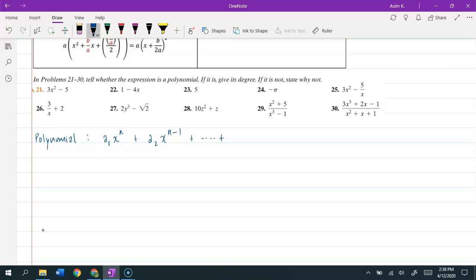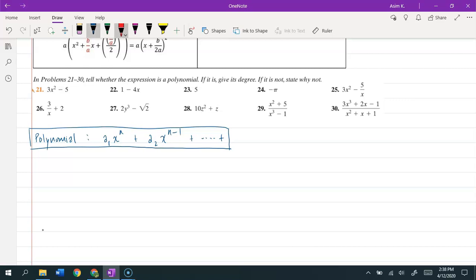So what we're going to do is keep this up here as we work through a handful of examples to tell if something is a polynomial or not, right? This is just a rough format of what a polynomial would look like. And then as we go through these questions, we'll talk about what a polynomial does not look like.